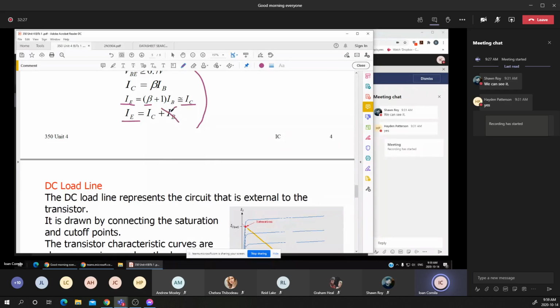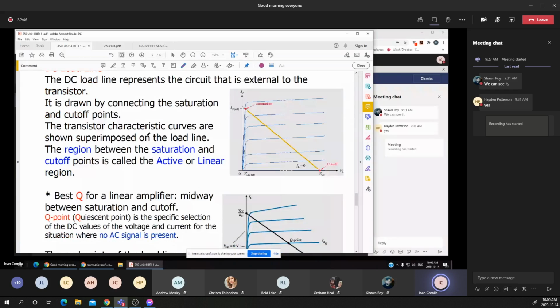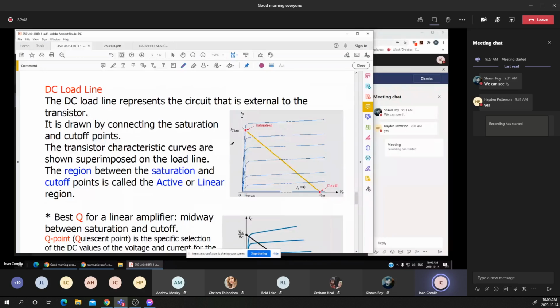But again, we can neglect IB because the base current is much smaller than IC. That's why we can make the approximation of IE being equal to IC. Now we have to make the load line.